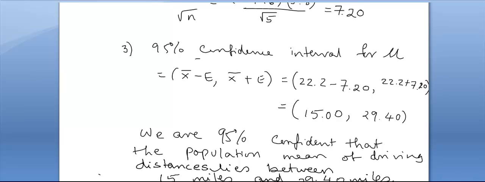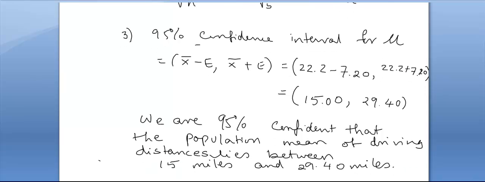So what this means is that if you repeatedly took samples of size 5 from the population of all driving distances, then 95% of the sample means will fall between 15 miles and 29.40 miles. And that completes the problem.